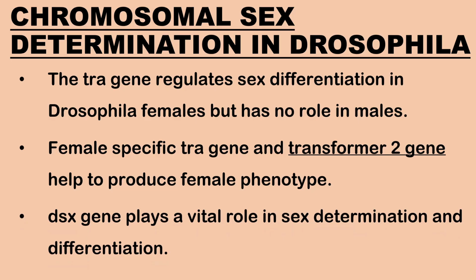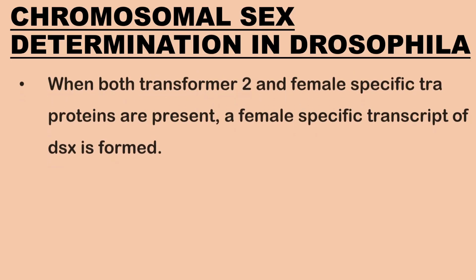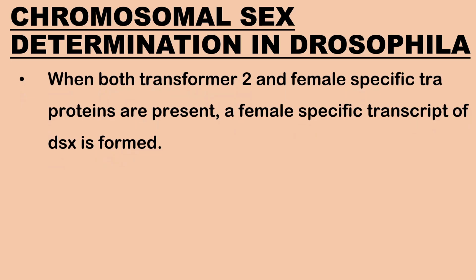The DSX gene is transcribed in both sexes in Drosophila. It plays a key role in sex determination and differentiation. If both transformer 2 and female specific TRA proteins are present, a female specific transcript of DSX is formed.